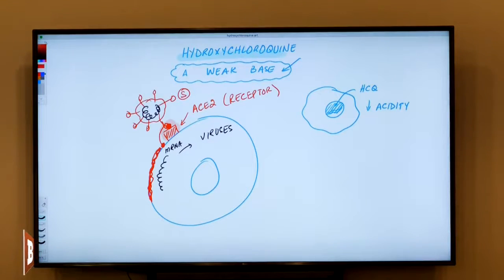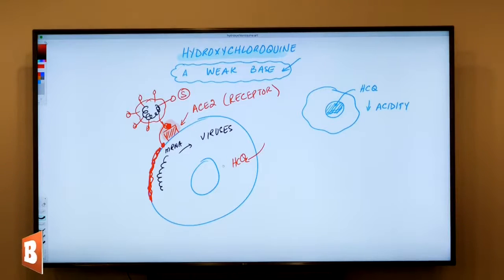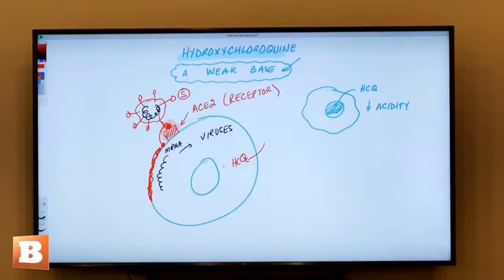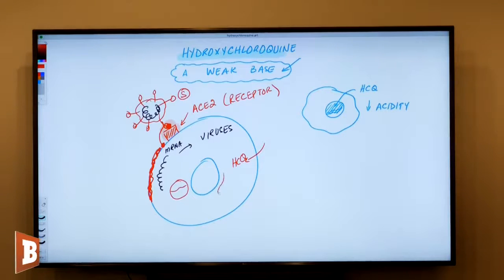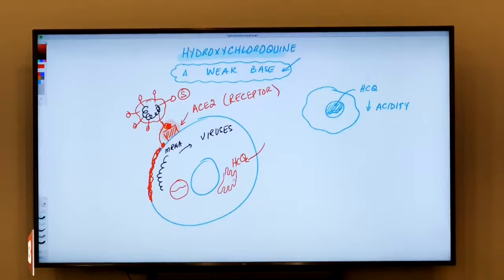Once the hydroxychloroquine enters our cells, it causes the cellular environment to become less acidic, especially in the endosomes and in the Golgi apparatus. If you're a medical professional, you will know that Golgi apparatuses are necessary for the virus to then eject from our cells.